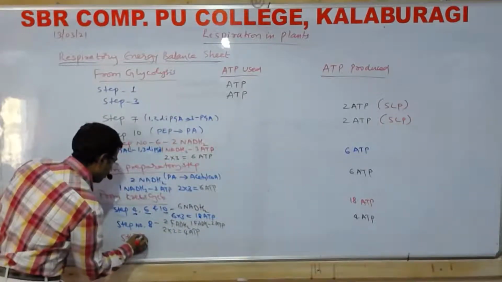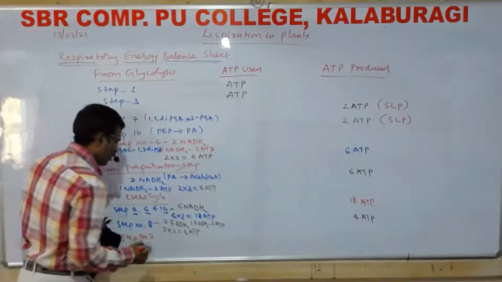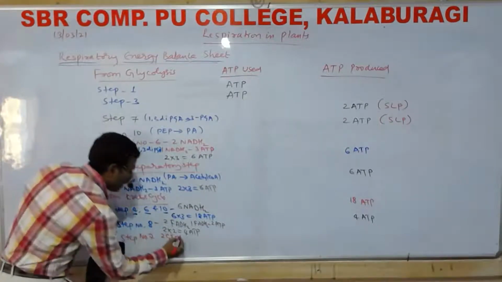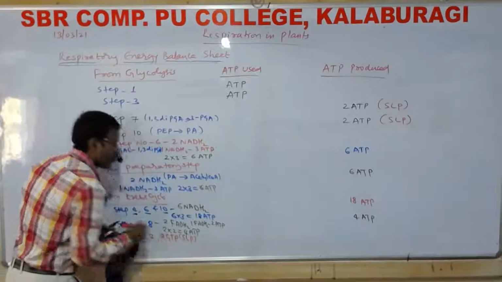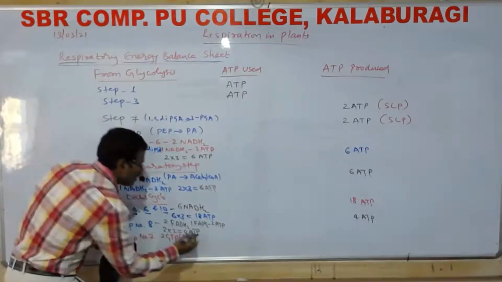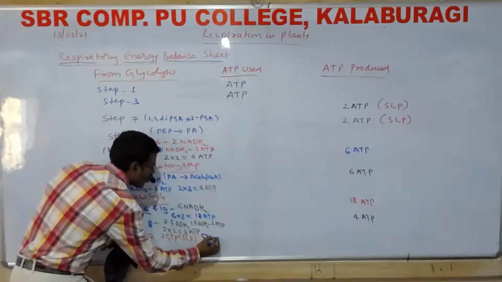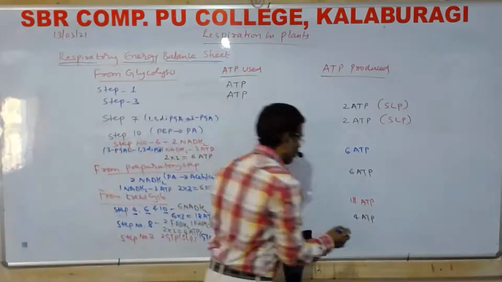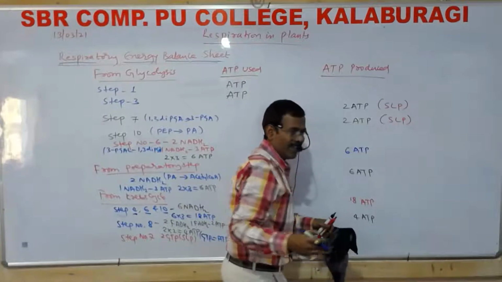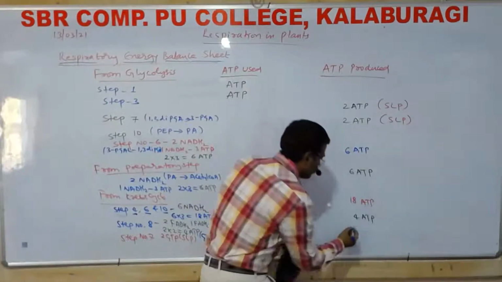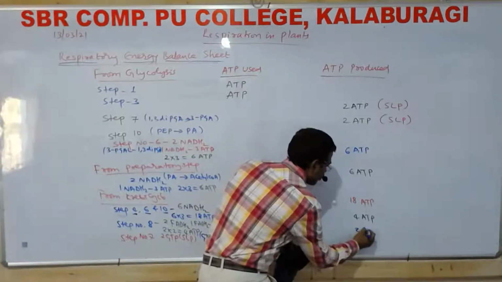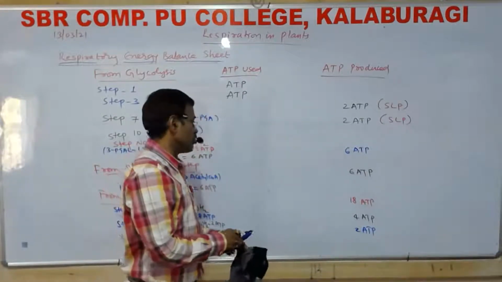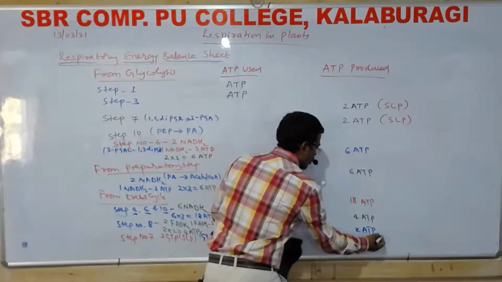So in step number 7, 2 GTP will be produced by SLP. So we say GTP is equal to ATP. That means total how many ATP will be produced in step number 7? 2 ATP. Right? Okay. So now you total it.